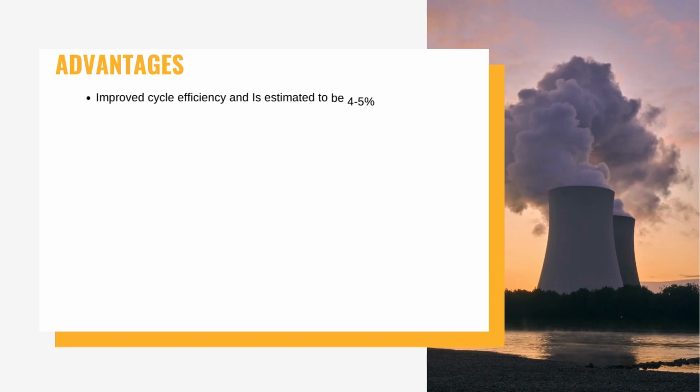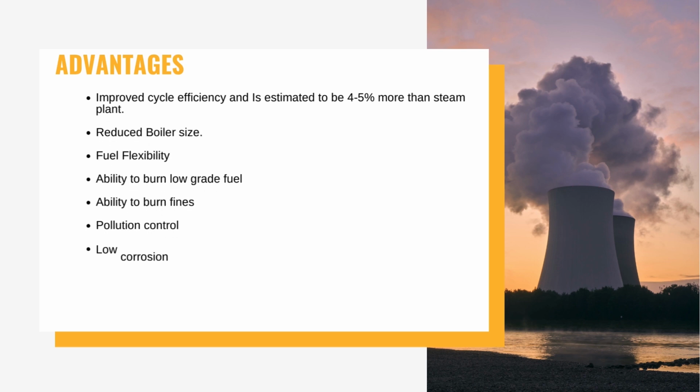Advantages of fluidized bed combustion boilers. Number 1, high efficiency. FBC boilers can burn fuel with a combustion efficiency of over 95% irrespective of ash contents. FBC boilers can operate with an overall efficiency of 84% plus or minus 2%. Reduction in boiler size.